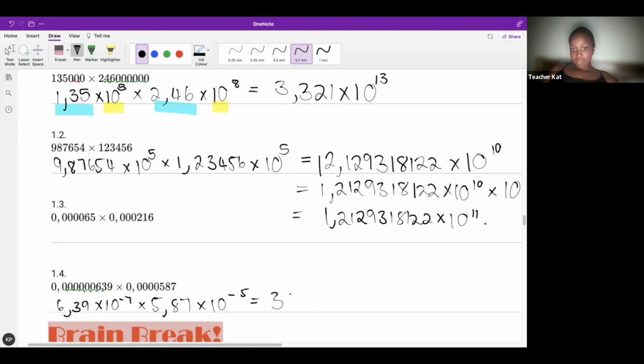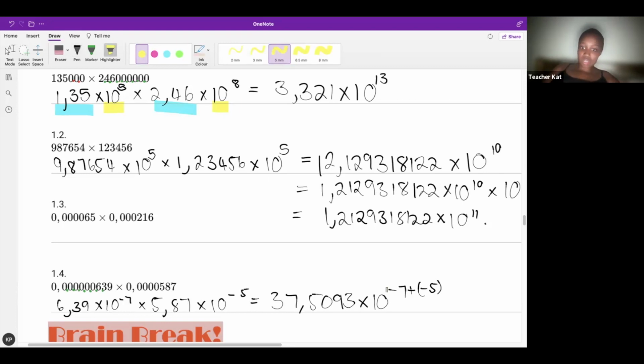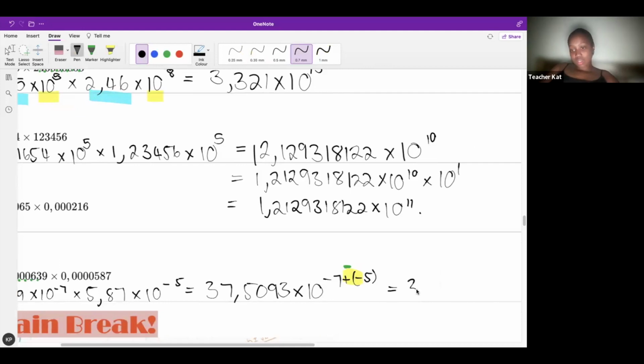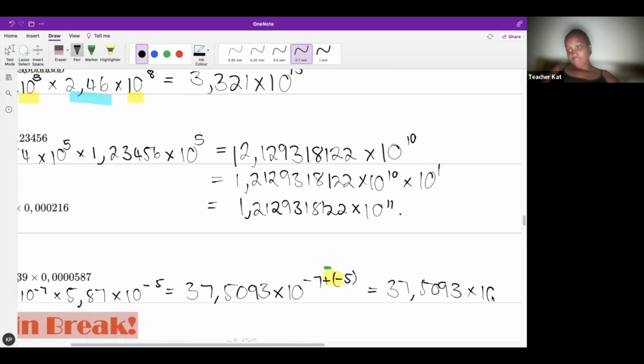Nice, 37,5093 times 10. What's negative 7 plus negative 5? That positive negative does what? Becomes a negative. So my answer is negative 12. So this is 37,5093 times 10 to the power of negative 12.